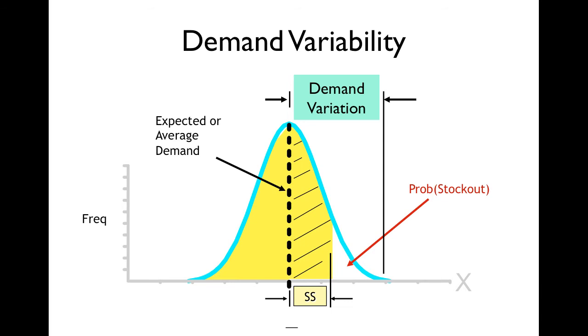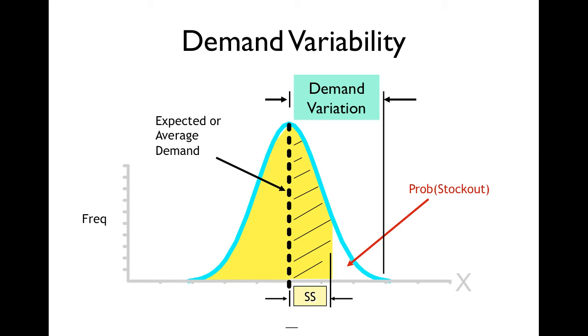If the cycle service level in this case is 80%, then we're saying, you know what, 20% of the time we're not expecting to have inventory in stock when customers show up. Now what 20% are we talking about? The 20% is the 20% of those situations where demand was much greater than average. So that's what the distributor has elected to not fulfill.